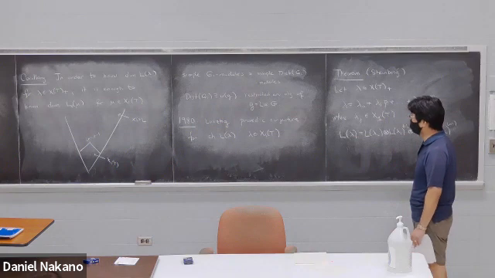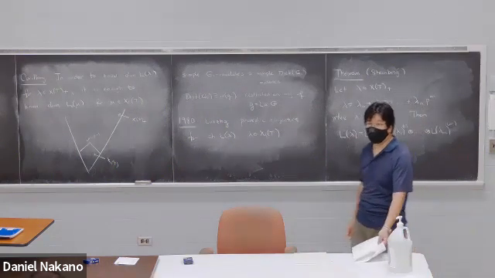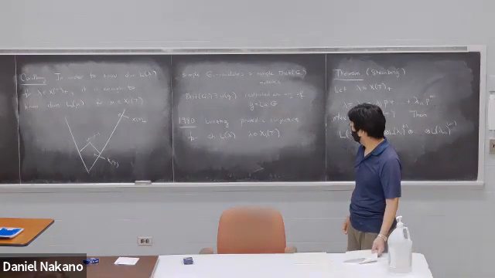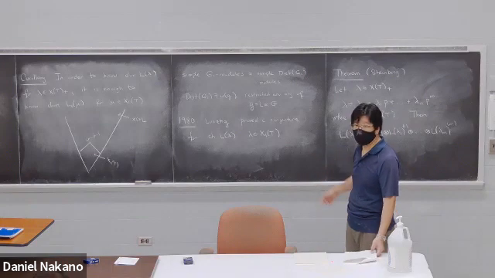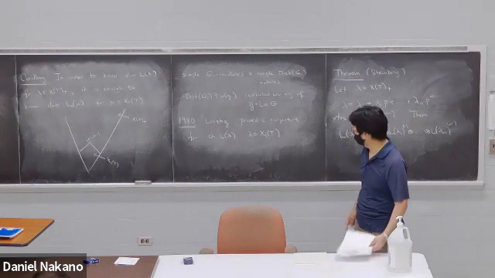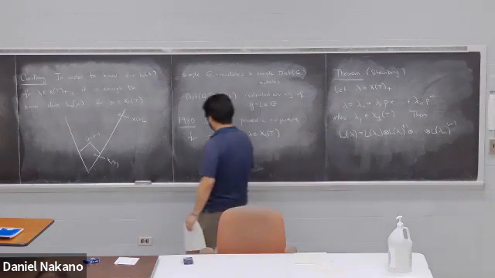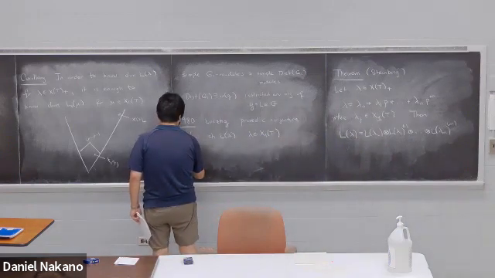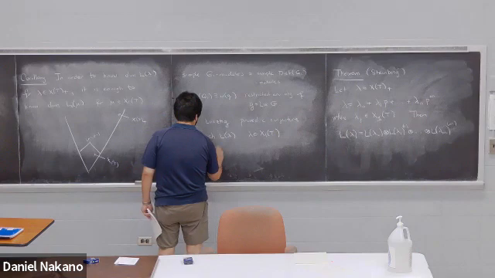And this character is given in terms of the characters of the H0 lambdas. And the coefficients are given in terms of Kazhdan-Lusztig polynomials.